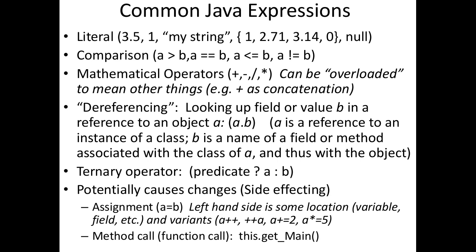A and B, like maybe it's 2.0 plus 3.14. Each of those is a value. The expression is the sum of those two. Or an expression might be something like A equals B, testing whether this is equal, or A times B.